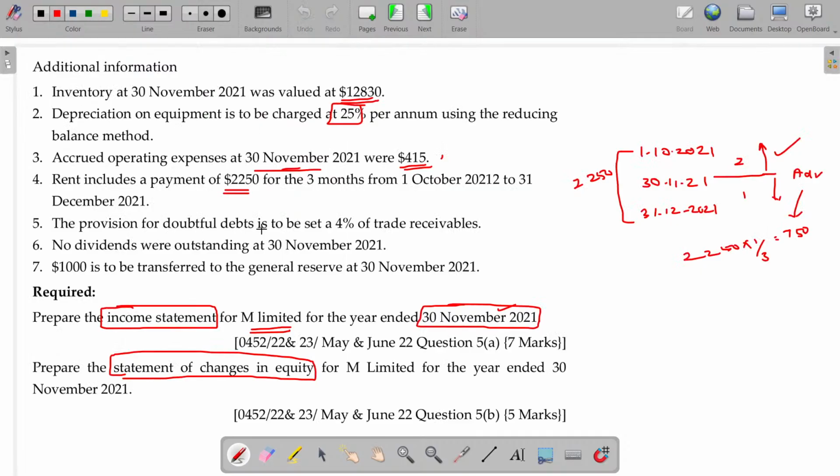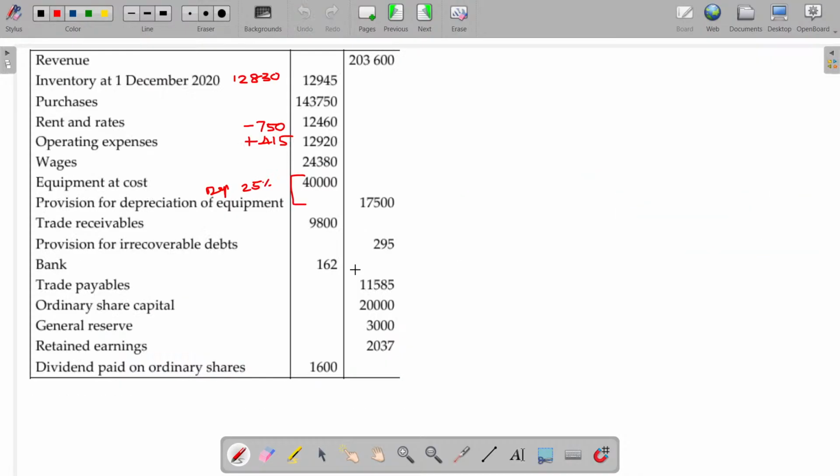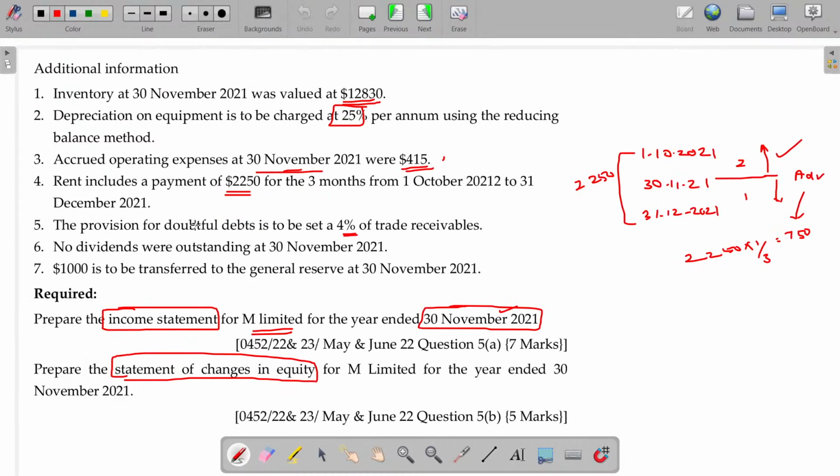And the provision for doubtful debt is to be set at 4% of trade receivables. Provision for doubtful debts being 4%. No dividends were outstanding.